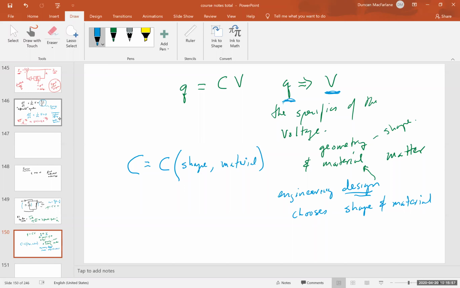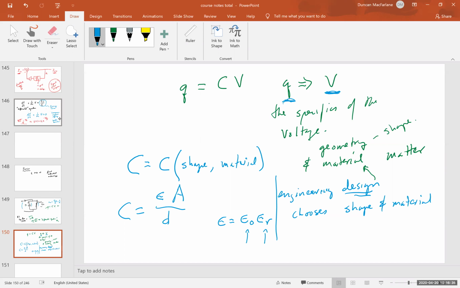C is equal to epsilon naught kappa area divided by distance. Yep. So you did it actually really nicely, because you defined the material in terms of epsilon naught, and I use the word epsilon r for your kappa. And I really like that, because this is a fundamental constant, and this is a simple scaling factor that is really just between 1 and 10 for all intents and purposes.